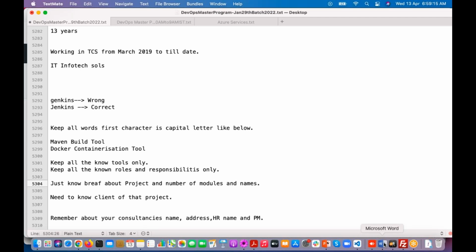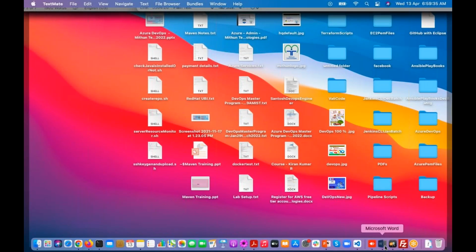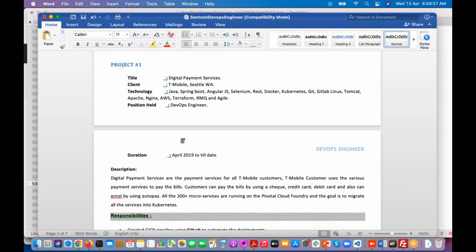Or if your friends are working, take their resumes and their projects and keep them in your resume. Just ask them, hey, what is this project going to do. If you go through the project description, you can easily understand.